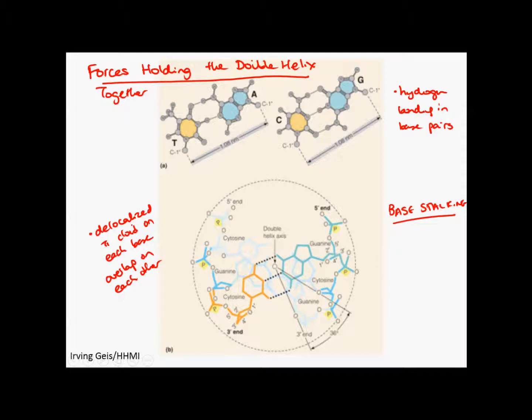So the overlapping pi clouds end up having an attractive interaction. And this is what's known as base stacking, which is one of the most important forces that keeps the double helix together.